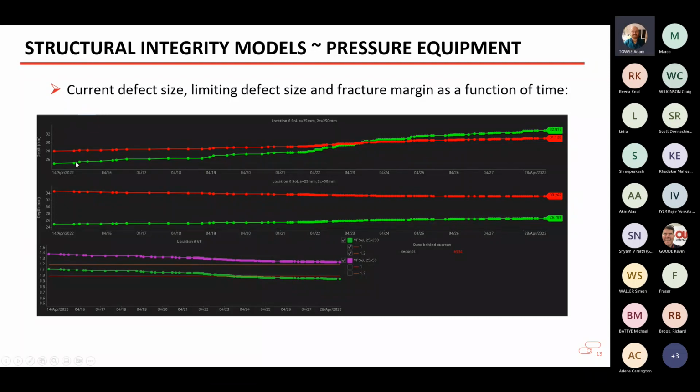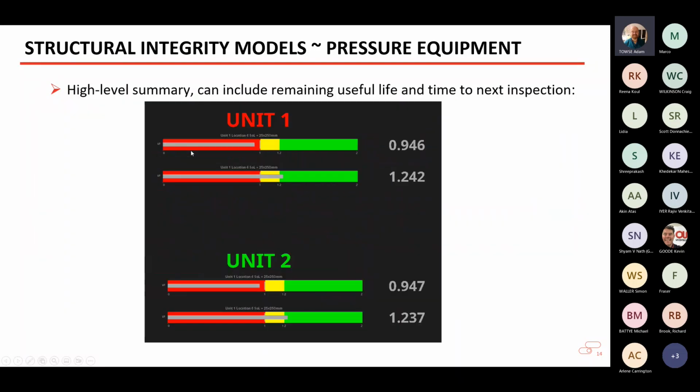And again, this level of data is there, and it's very detailed, and you can drill down to it, or we can boil it down to just a single number, a fracture margin. The operators could be sitting there seeing these values alongside all their other values without realizing the complexity of the calculations that go into this.